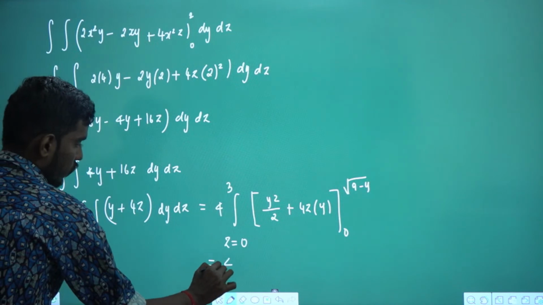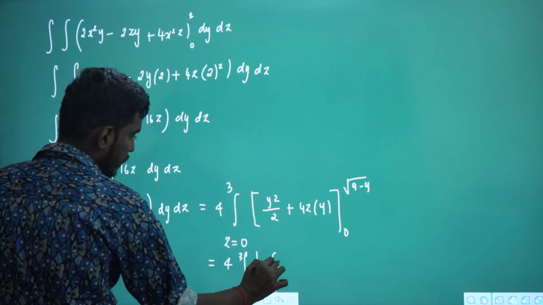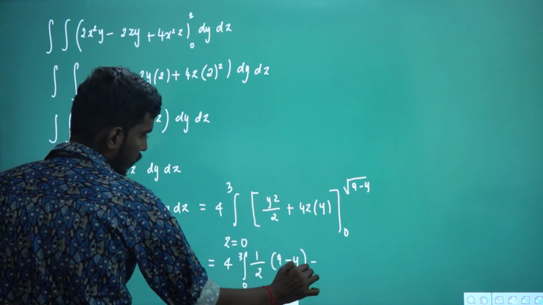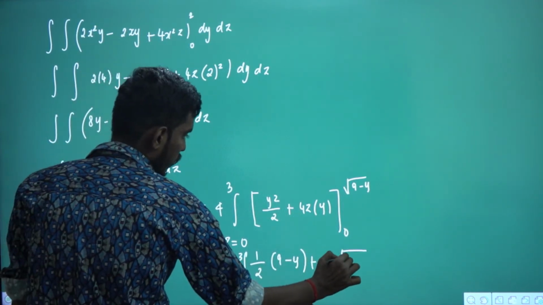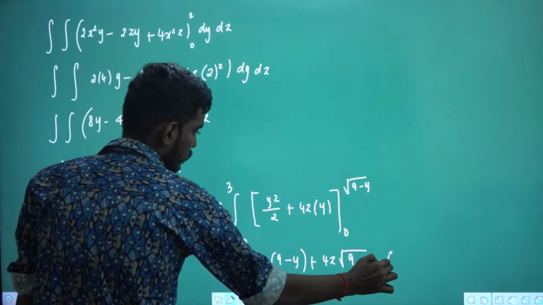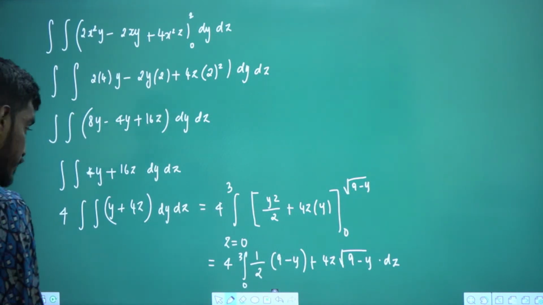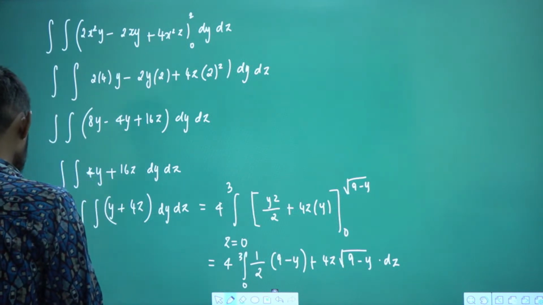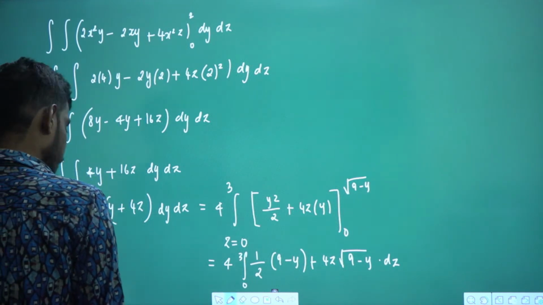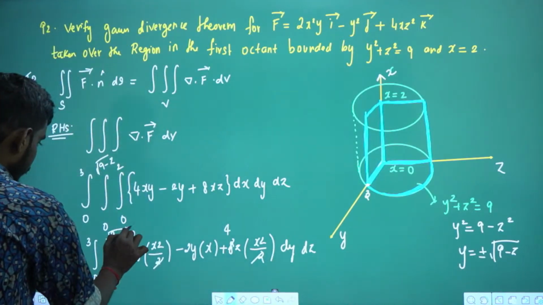So this will be 4 times integration of 0 to 3, 1 by 2 into 9 minus z square, plus 4z into root of 9 minus z square dz. Sorry, 9 minus z square.